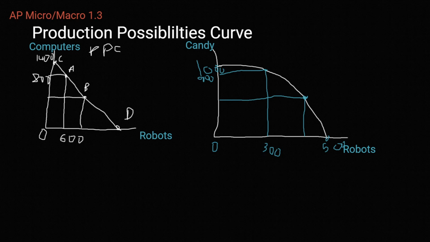But here, if this is 500 pieces of candy, and this is 400 robots, to get the additional only 100, this time we had to give up 400 pieces of candy. So this is increasing opportunity cost. And it's the same thing the other way.